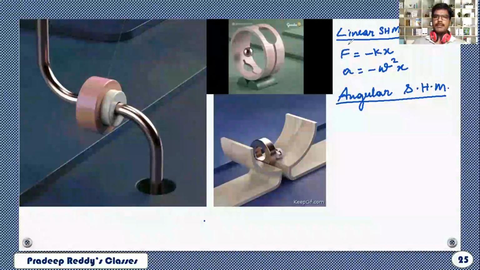So in linear simple harmonic motion, the equation for restoring force is F is equal to minus kx, and the equation for acceleration is equal to minus omega square into x.